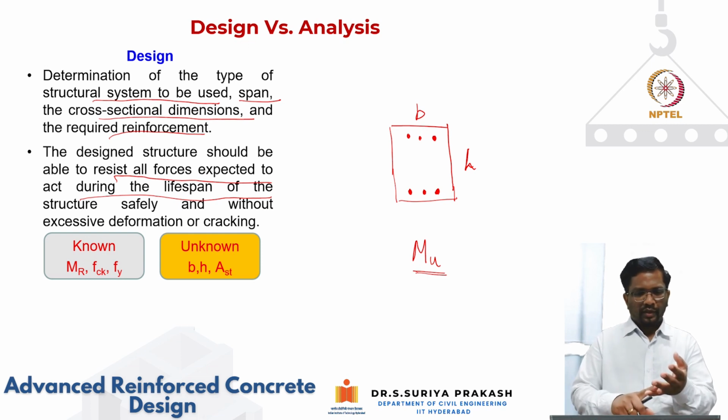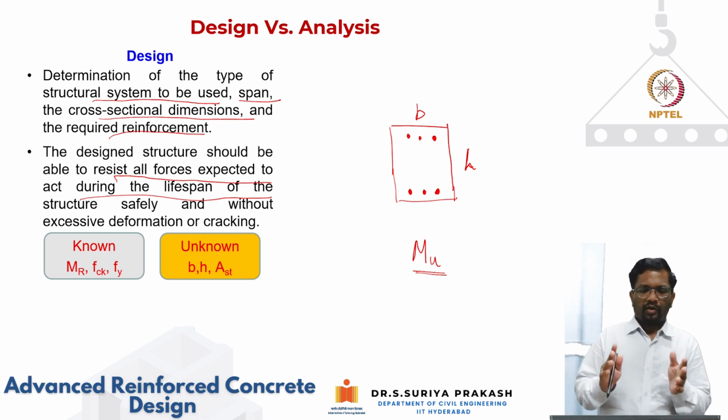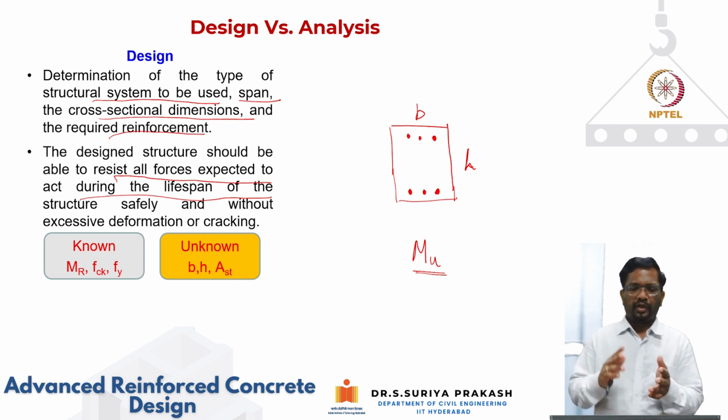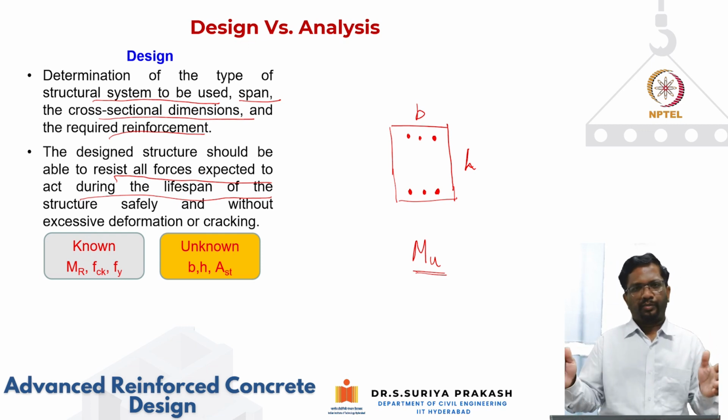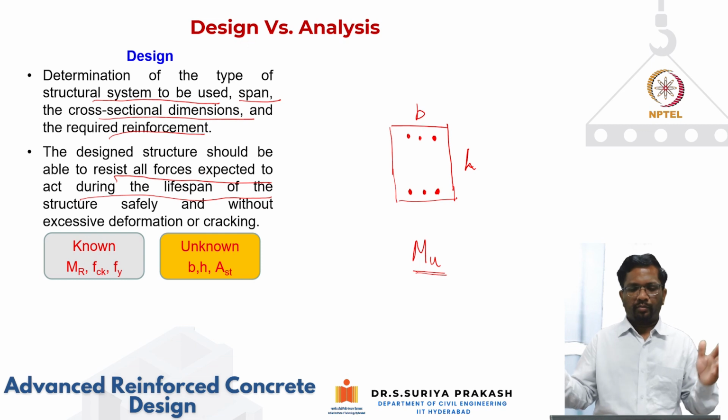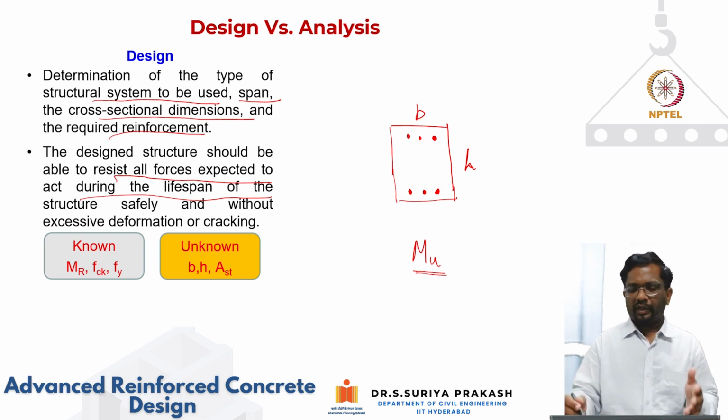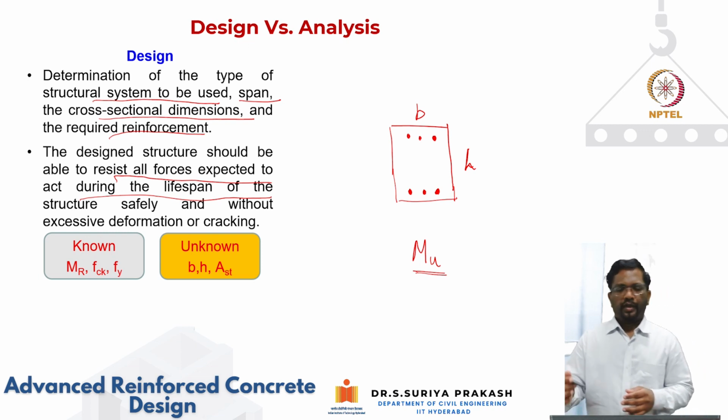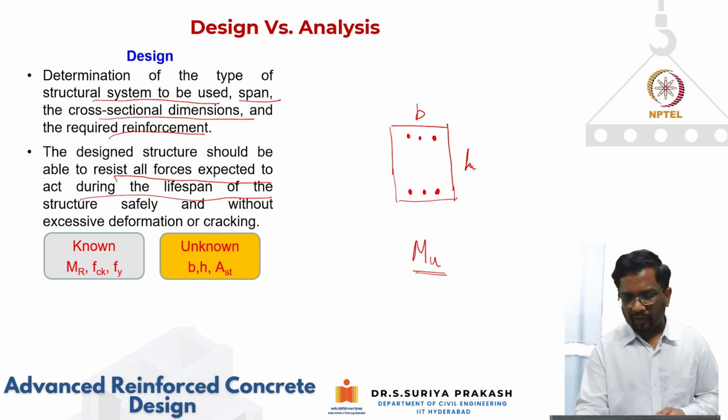First, in design, we determine what type of structural system is to be used, and usually the span will be given by the architectural, that is functional, requirement. Once that is fixed, we choose the breadth and depth of the section for flexure, right? And then all we do here is find out the amount of steel that we need to put, Ast, and in this case, let's say this is Asc.